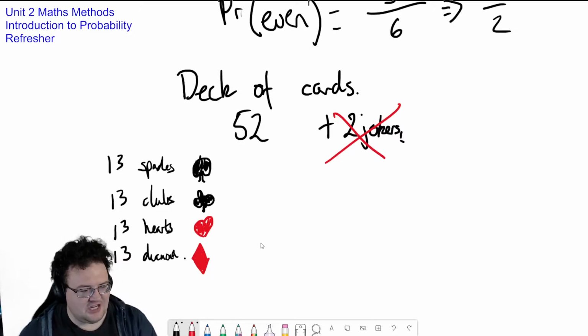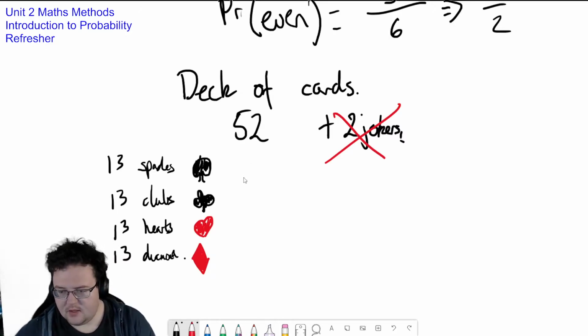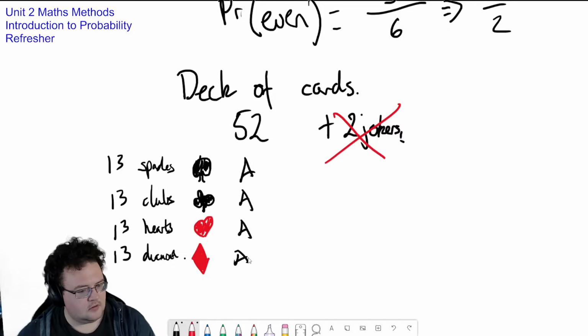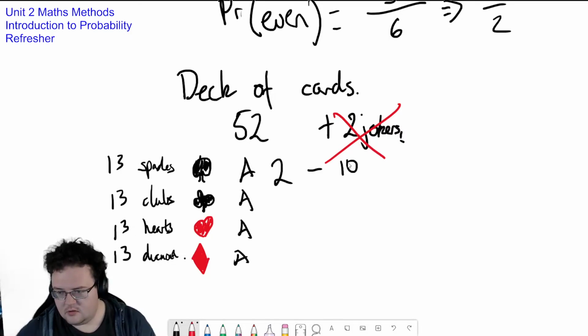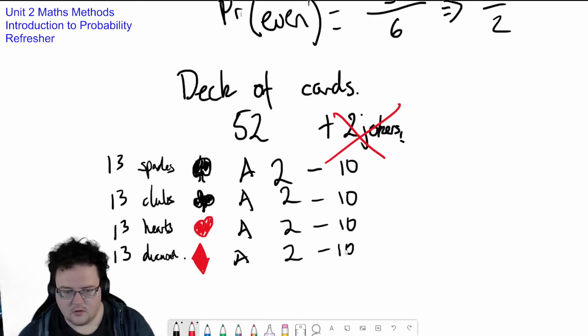And then in each suit is an ace, and then the numbers 2 through 10. And then you've got what are called the face cards.